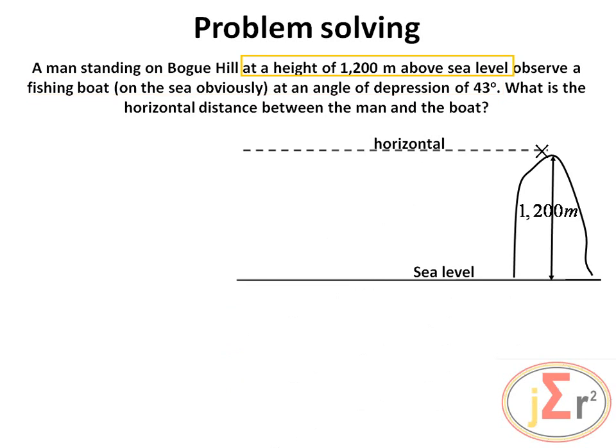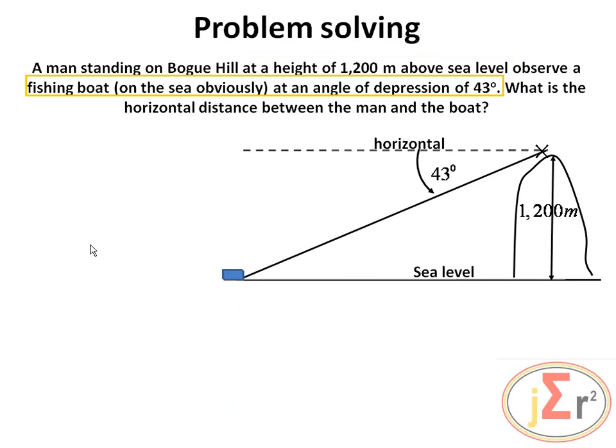So he observes a fishing boat at an angle of depression of 43 degrees. So we imagine that the angle will go down from this horizontal. Depression goes down from this horizontal. There we have it. So this is our fishing boat, and the angle of depression 43 degrees.